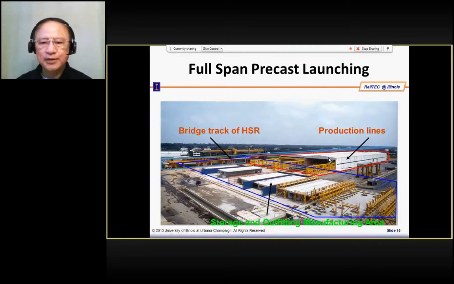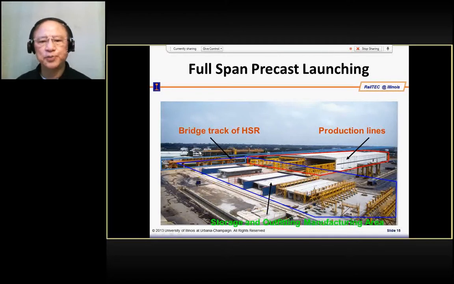After the girder is cast, it is pulled outside to store for curing or for construction. Then you have a gantry here to lift the girder up onto this viaduct, which is on the main line, and you can put it on the transporter.